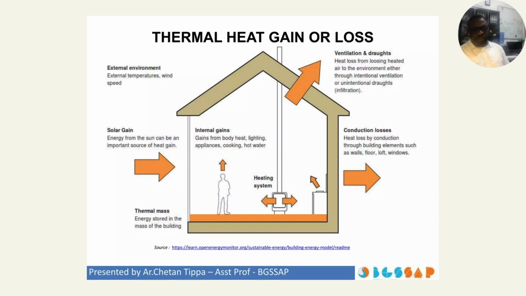You can gain through the sun as a source of heat gain. There's energy stored in the mass of the building. There are also external temperature, wind, and speed. So this is showing us one illustration of how the building envelope is important to thermal heat gain or loss.